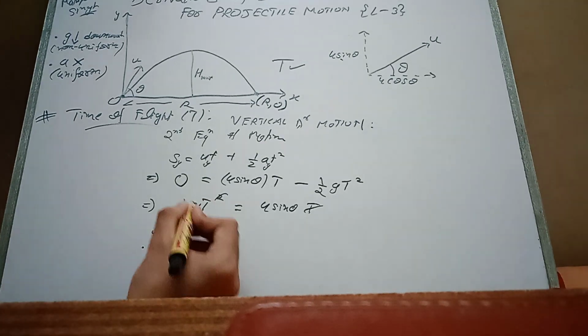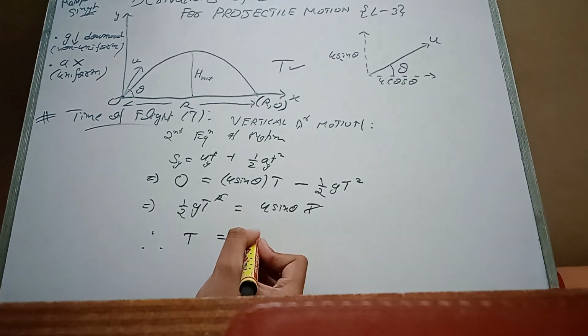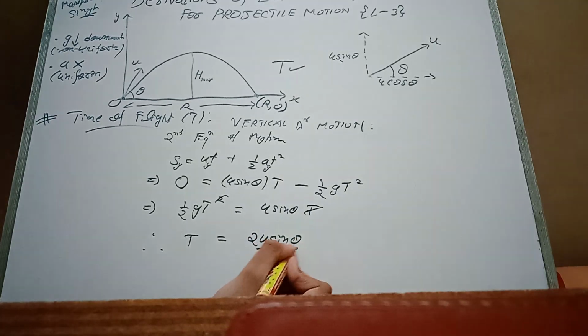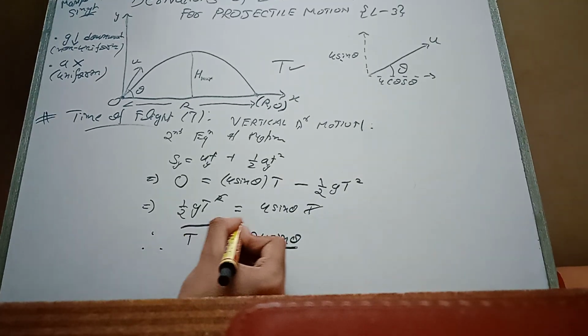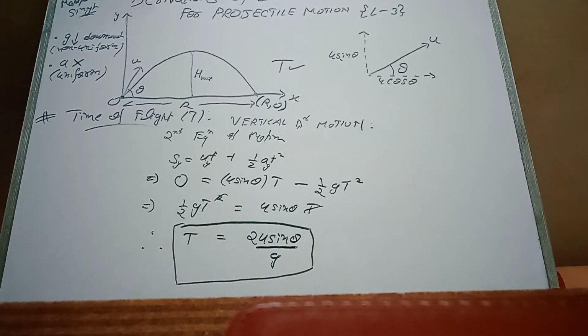T equals, take 1 by 2 g to this side, so T equals 2 u sin theta upon g, and that's the answer. That's the total time of flight of a projectile motion.